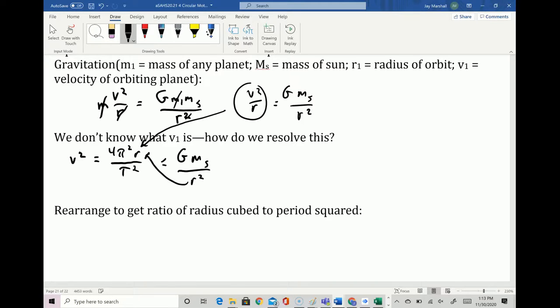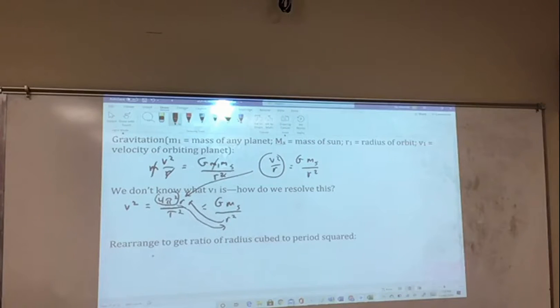We can multiply both sides of the equation by r squared, and we can take this and put it down here, and we're going to get the orbital radius cubed over T squared equals the gravitational constant times the mass of the sun divided by 4 pi squared.